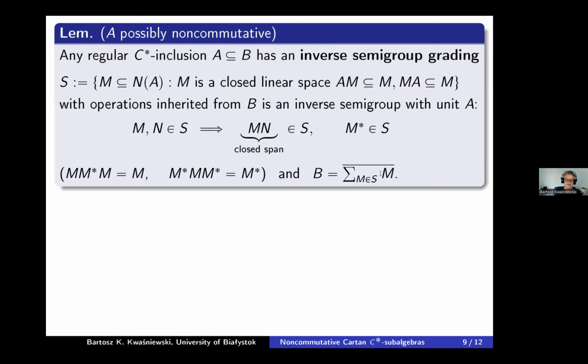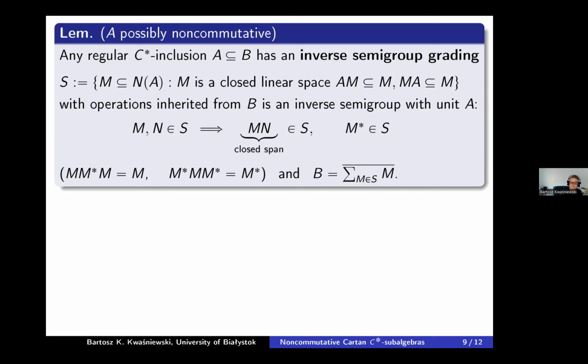We have a family of spaces indexed by an inverse semigroup such that the product of elements in these spaces is consistent with the product in the inverse semigroup. Here this is given for free because the product in S is just the product of spaces. But I think that this lemma tells you a lot about the structure of what is going on here.